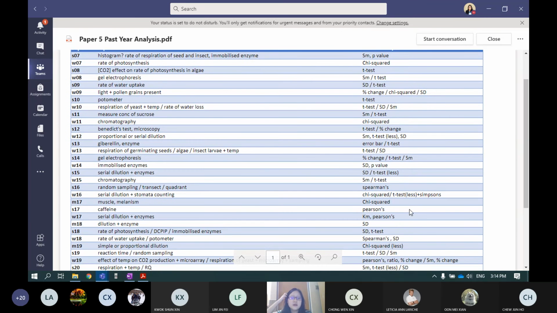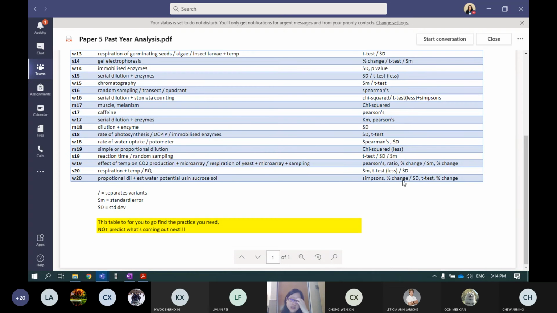Now, a t-test comes out very often, but not because it comes out often in general. It's because the syllabus changed. Last time, the syllabus only had t-test and chi-square, so they always came out. And you realize in recent past years, there are many more varieties of tests and statistics things you need to know, and therefore more variety has come out.